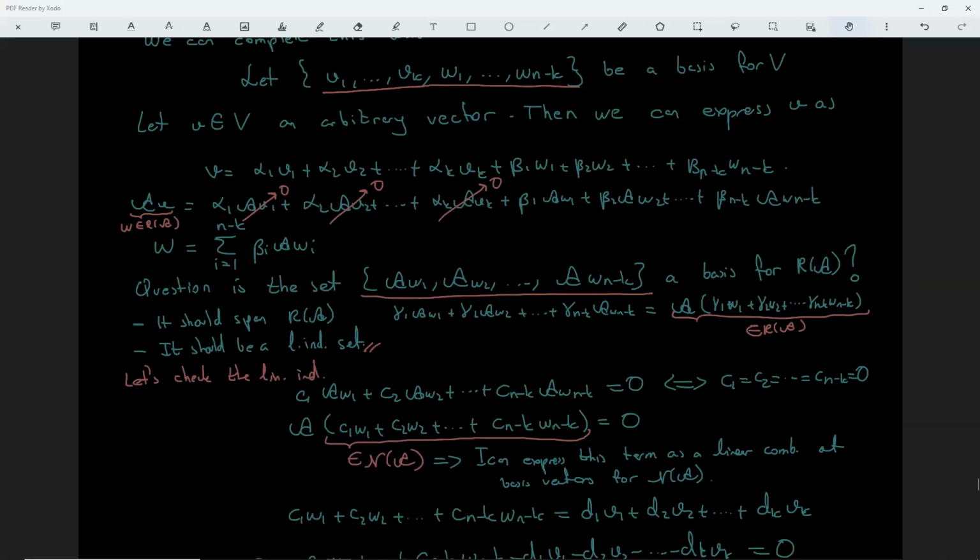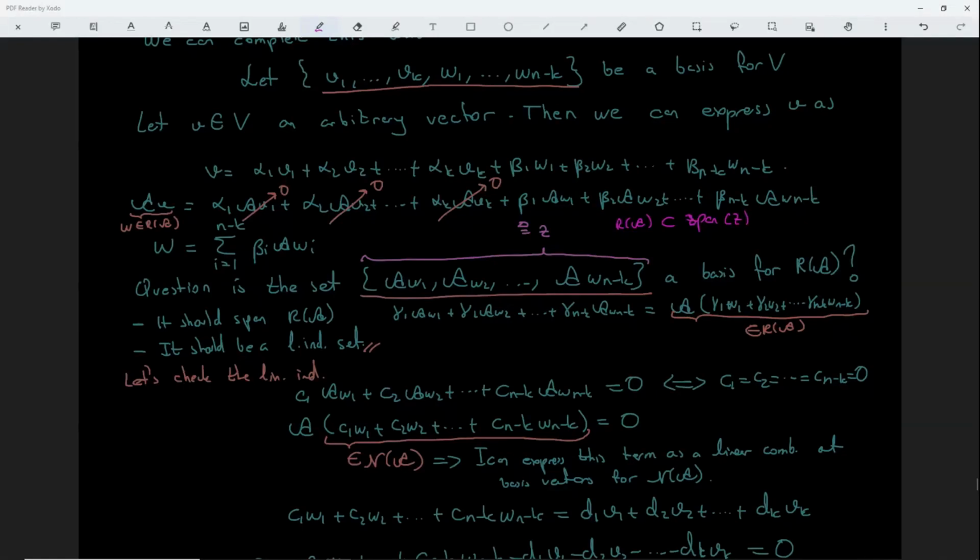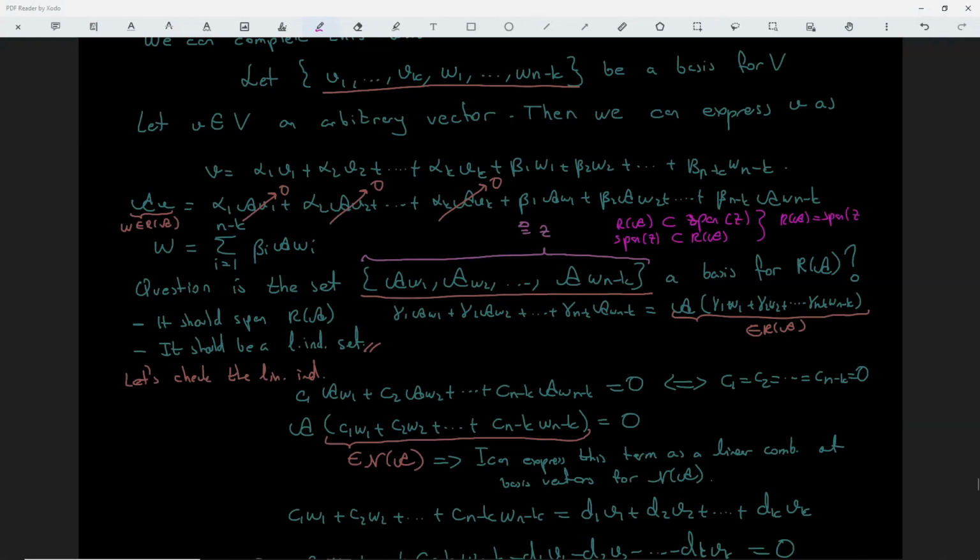Okay. So if I call this set Z for the time being, we showed that the range space of A is a subset of span Z, and span Z is a subset of the range space of A. And from there, we said that the range space of A is equal to span Z. We showed both of them here.